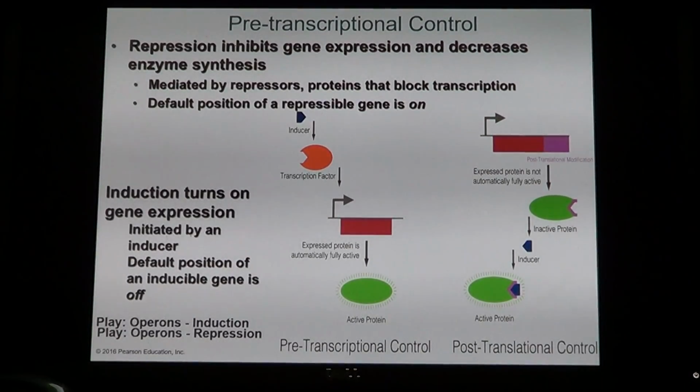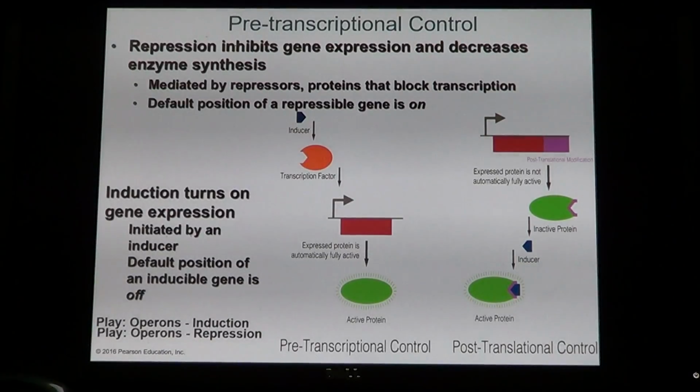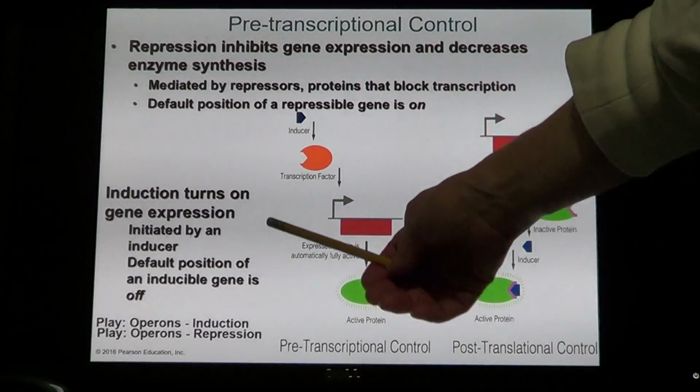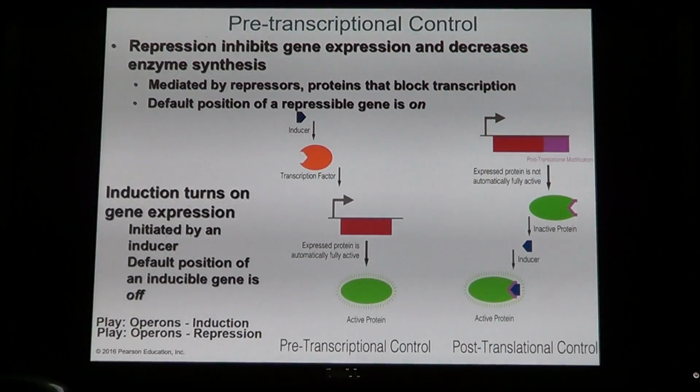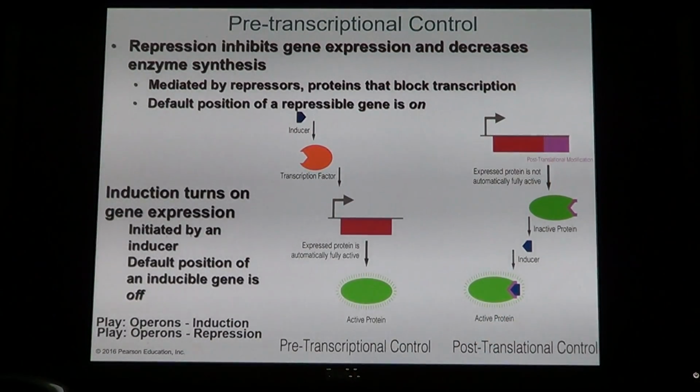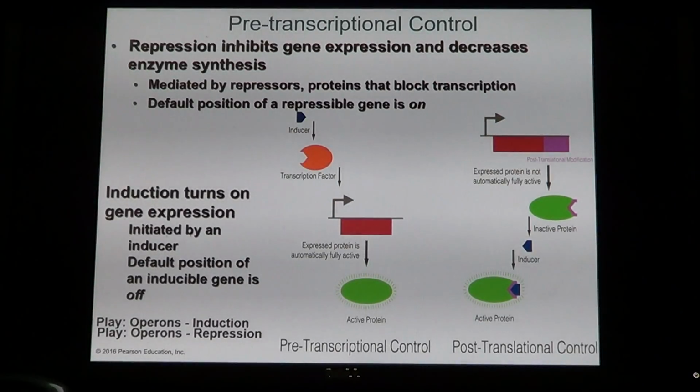When protein is enough, it's the signal to the operon. So the pre-transcriptional control depends on what is happening here: in the case of repressible operons, the product will be a co-repressor, or it could be an inducer in the case of the lac operon.